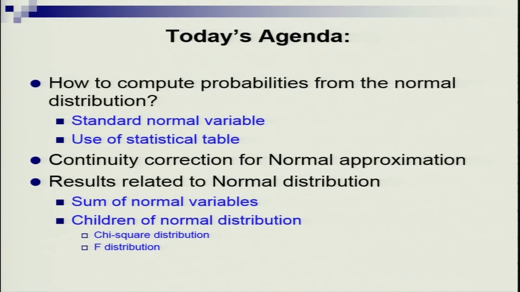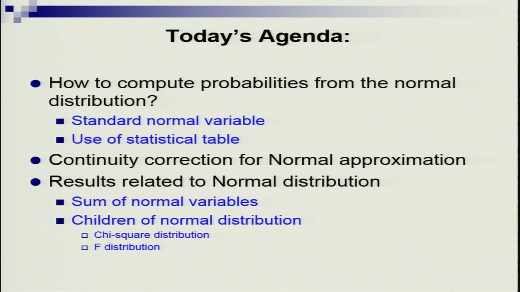So, to make our life easy, statisticians have developed a concept called standard normal variable, and they have made statistical tables available so that we can refer to them to figure out a particular probability value that we are looking for. This has made our life very easy, and this is a very practical lesson that we must learn.